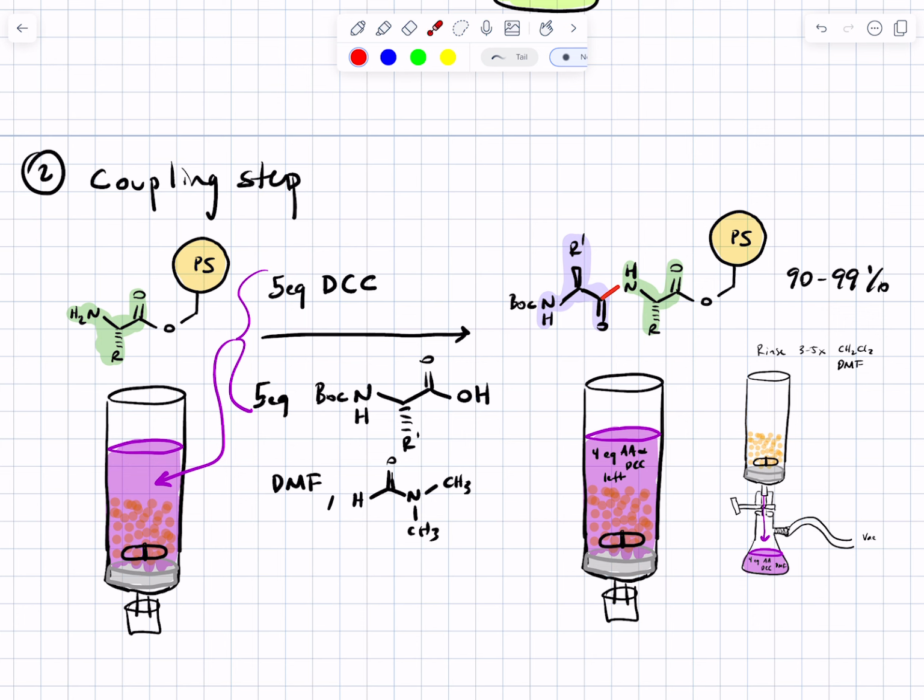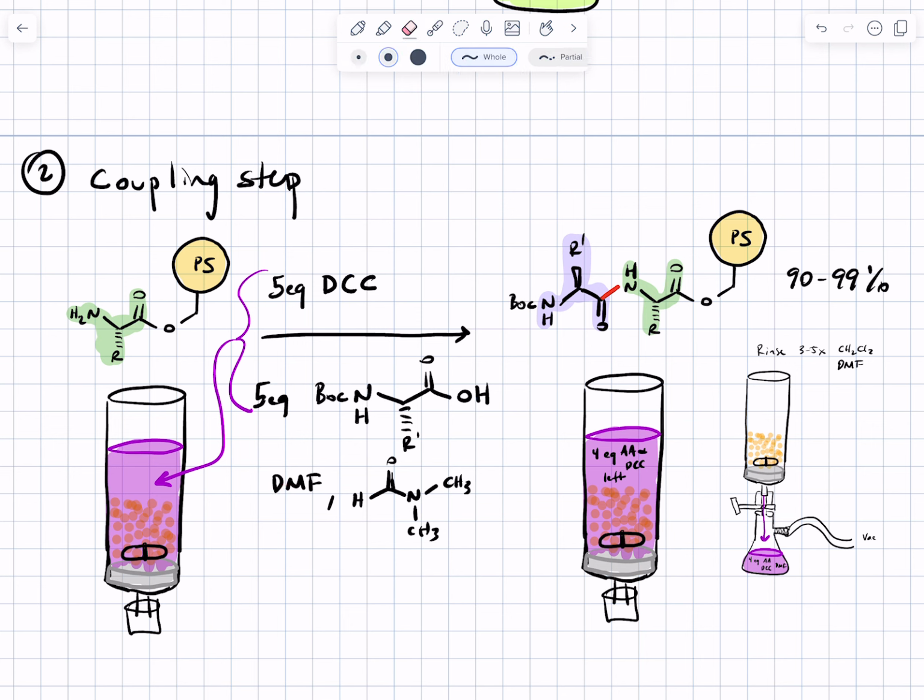And then to drive the reaction super to completion, we use 4 or 5 excess equivalents of the next amino acid we want to couple on. So 5 moles of DCC and 5 moles of amino acid for every mole of resin-bound amino group. Your solvent here is DMF, which I've drawn the structure for you there.